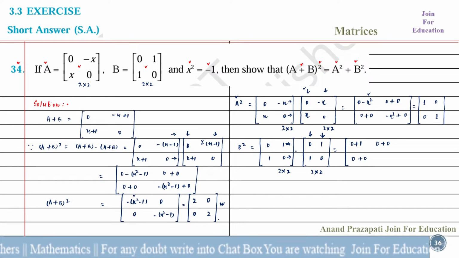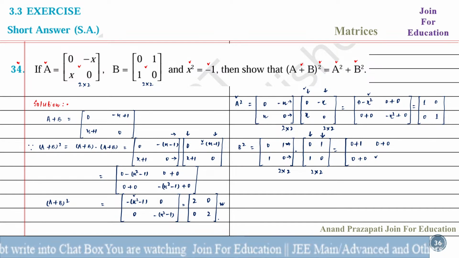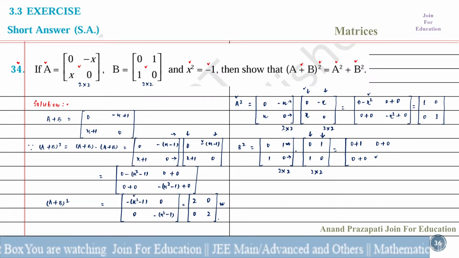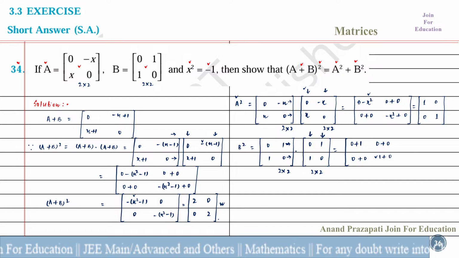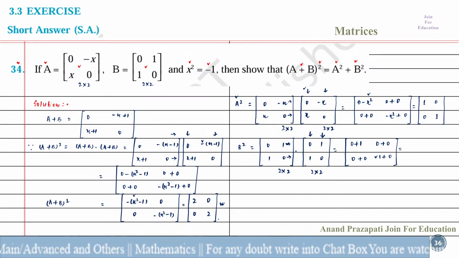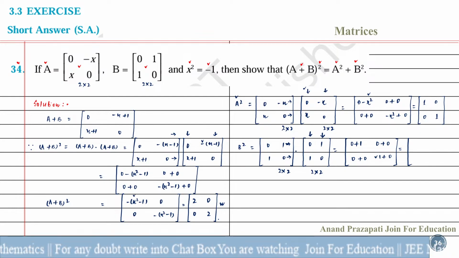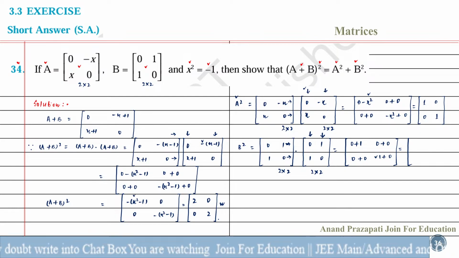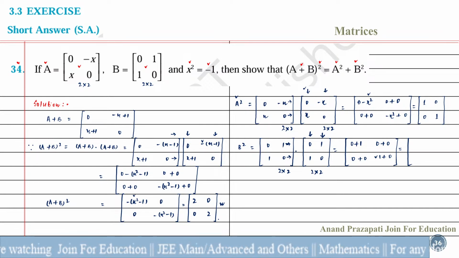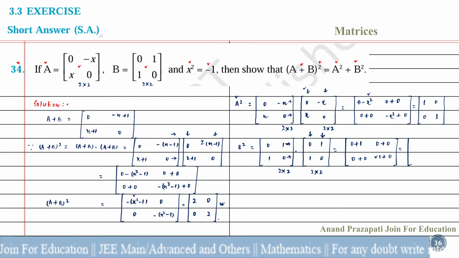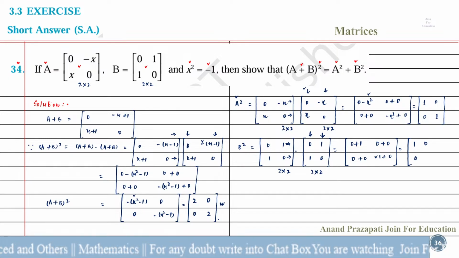Second row along second column, to get the second element of the second row we multiply the corresponding element. 1 into 1 equal to 1 plus 0 into 0 equal to 0. So we get here [1, 0; 0, 1].